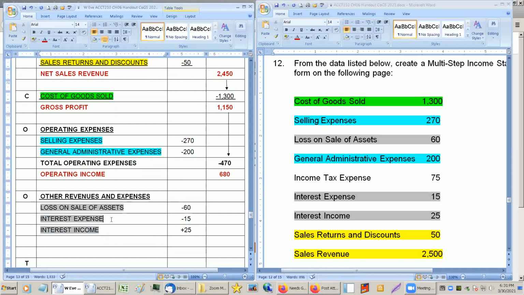Yeah, so these are all things that did happen, but they're not really what they normally do for business. So this would be our total.